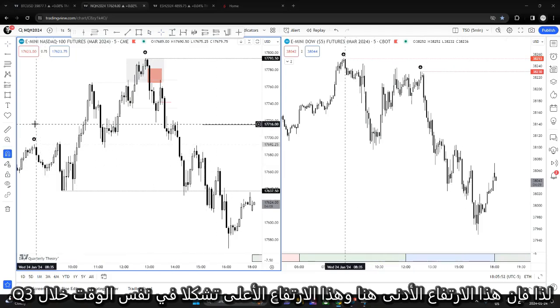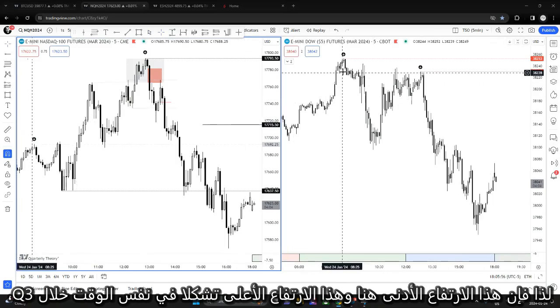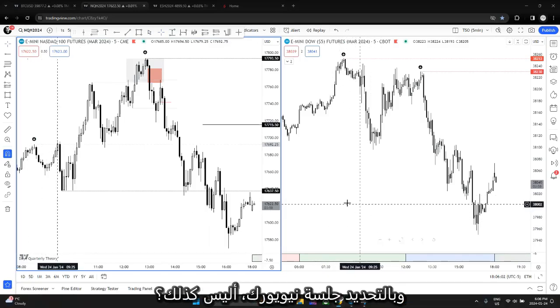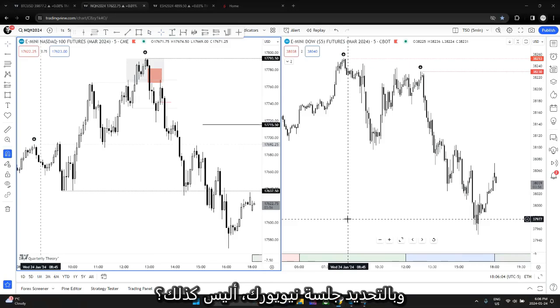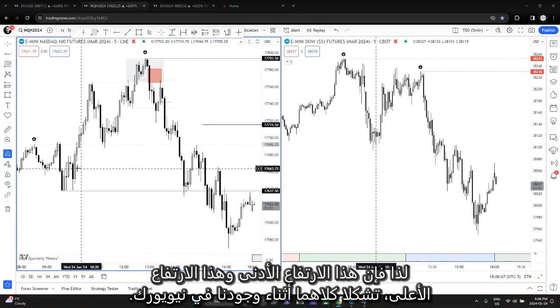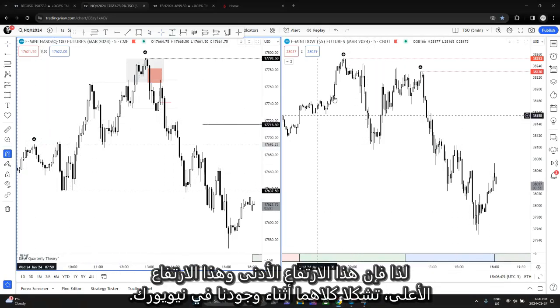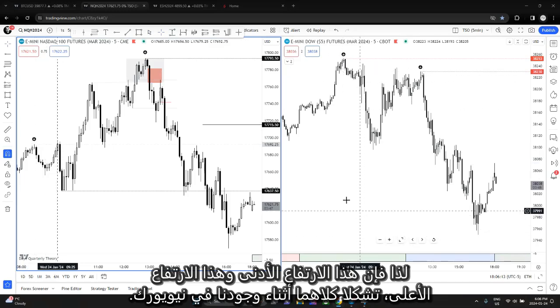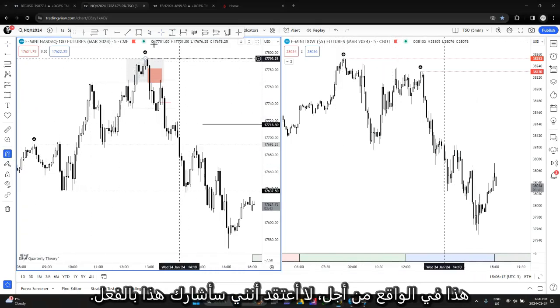So this lower high right here and this higher high formed at the same time during Q3, more specifically the New York session, right? So this lower high and this higher high, they both formed during New York. This is actually fire.